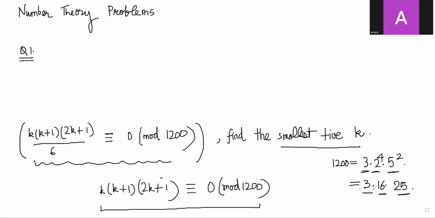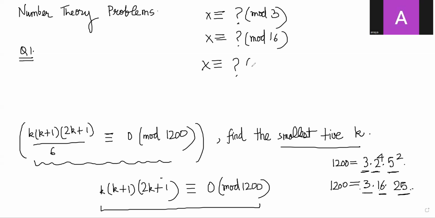They are pairwise co-prime. If your question was x is congruent to something mod 3, x is congruent to something mod 16, and x is congruent to something mod 25, by Chinese remainder theorem on these co-prime moduli, there is a solution and it will be congruent to something mod the product of these three.